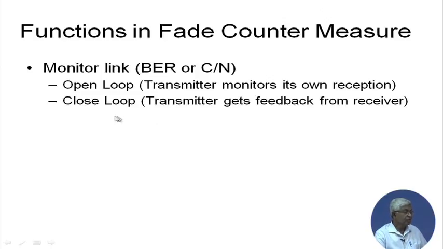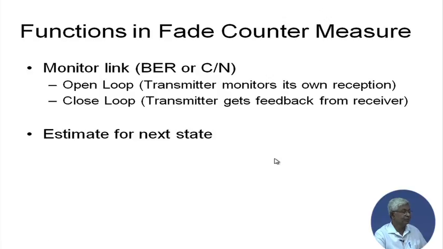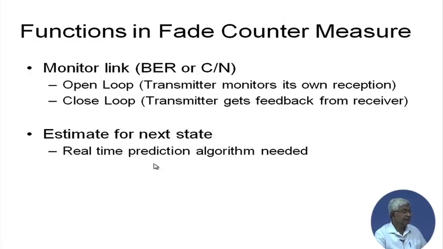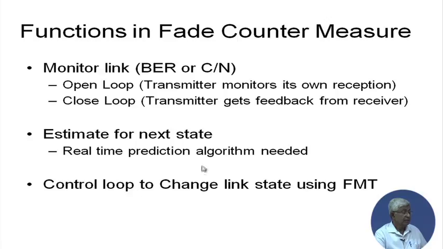And it could be closed loop, where the transmitter gets a feedback from the receiver, that means uplink and downlink conditions towards the receiver are also known to you. So, you monitor and estimate the next state, and then real time prediction by an algorithm is needed, because you have to predict what is going to happen, and accordingly take a countermeasure or mitigation.